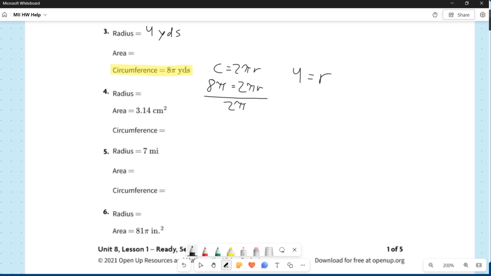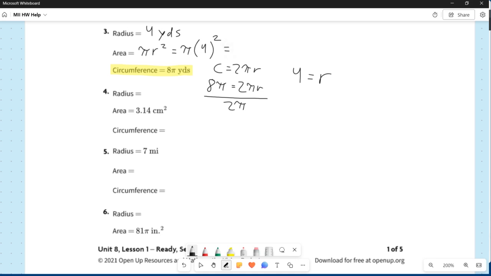All right. Once we know the radius, for the area, we can plug it in just like we would, quote unquote, normally get the area. Formula for area is pi r squared. We're told that we can leave our answers in terms of pi, and our radius is 4, and that gets squared.